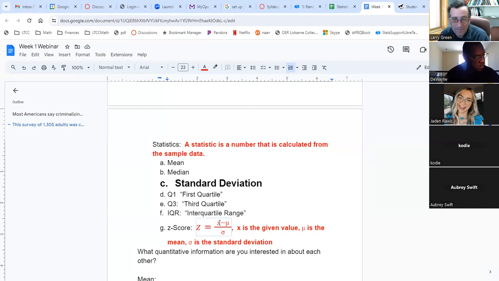And X is going to be the given value. So X minus mu is how far away the given value is, whether above or below, from the population mean. Then divide that by the standard deviation, and that gives you the Z-score. The Z-score gives you an idea of how rare or unusual the value X is.